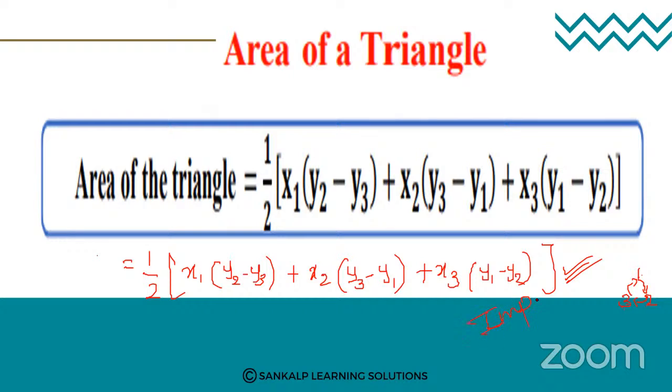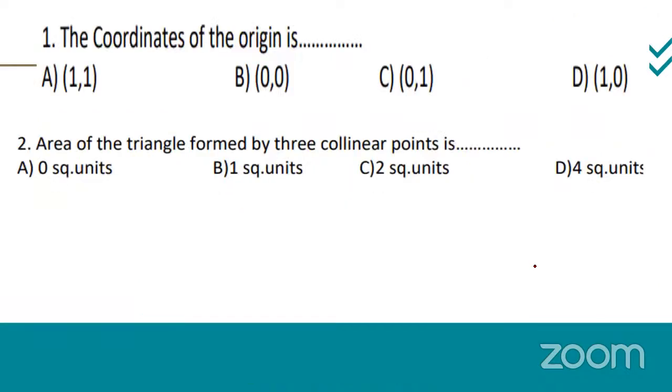By using this formula we will solve some questions, and it may come for 1 mark, 2 marks or 3 marks. While solving problems, we use this formula. Next, here are some multiple choice questions. We will solve some multiple choice questions.